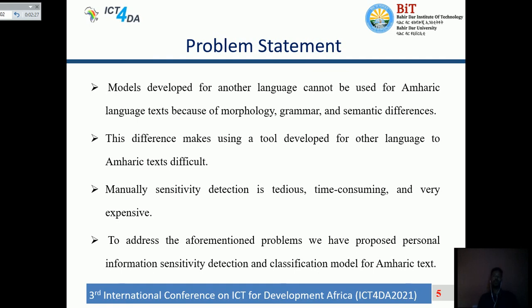When we see the problems which motivated us to do this study, many tools and models were developed for different languages like English, Portuguese, and Spanish. However, such tools or other language tools cannot be directly used for Amharic language texts because of morphology, grammar, and semantic differences.